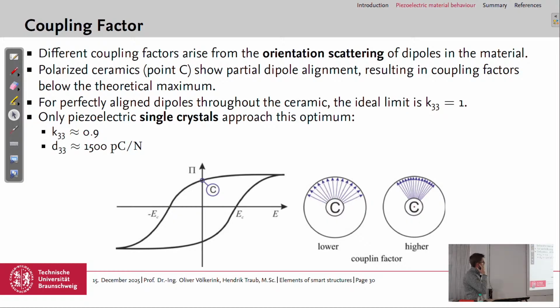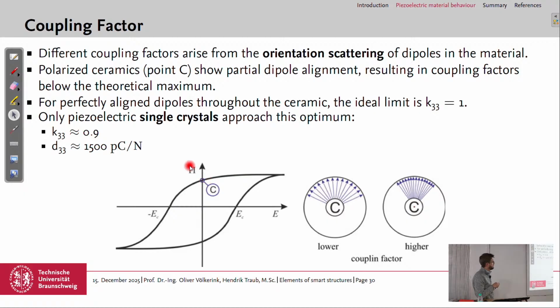And to give you maybe a better idea of the coupling factor, different coupling factors arise from the orientation scattering of the dipoles, of the polarization in the material. So if we look again at our hysteresis, electric field E and the polarization here, then we have this point C, and if we polarize our ceramic, then we go up to this point, maximum electric field, and remove it again.